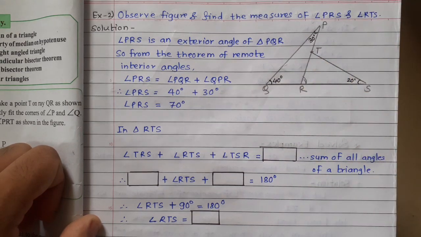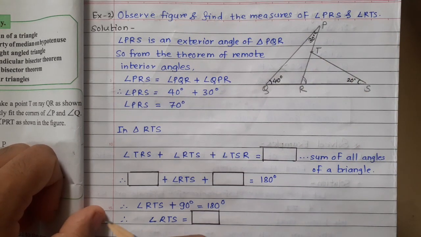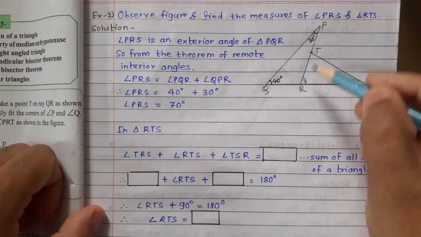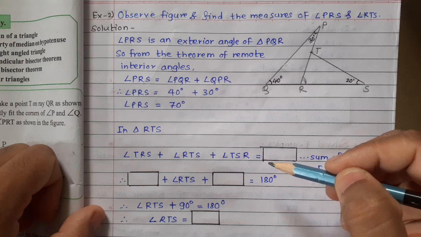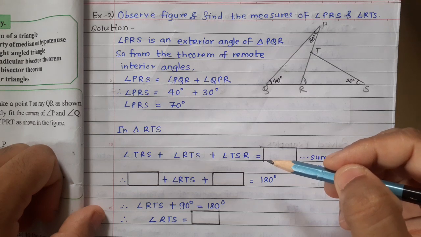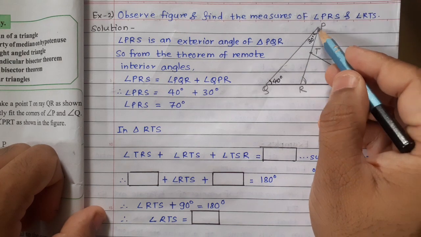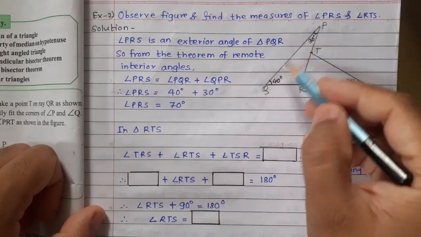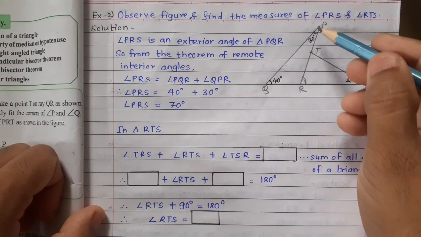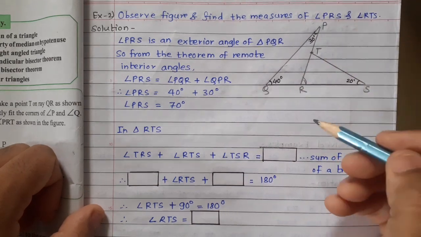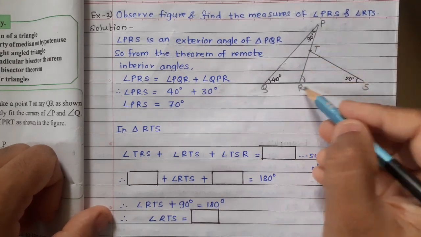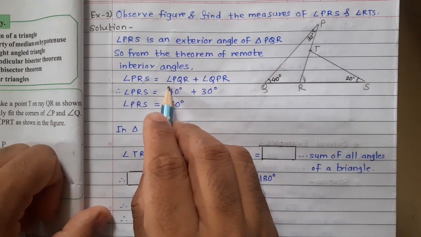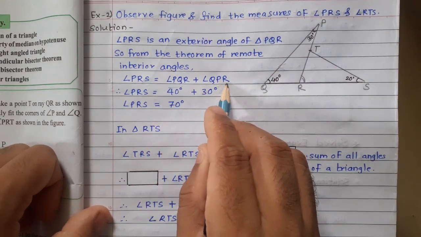So from the theorem of remote interior angles, we can say angle PRS is equal to the sum of its interior angles, angle PQR plus angle QPR. These two angles are remote interior angles of this exterior angle PRS. So we can write angle PRS is equal to angle PQR plus angle QPR.